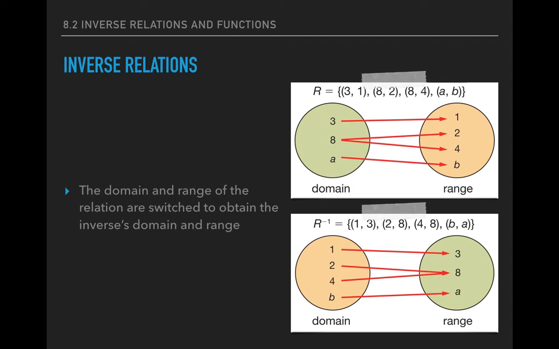So all we did was switch what was originally the range, it became the domain, and the range of the inverse, that green circle, well, we know that because it was the domain of the original.